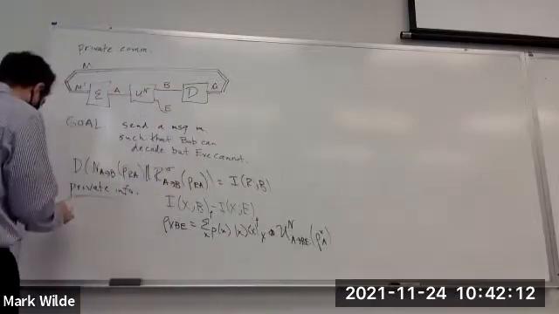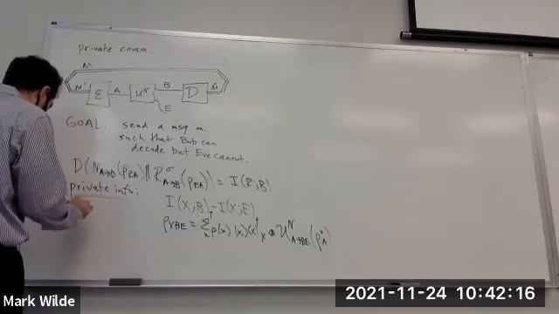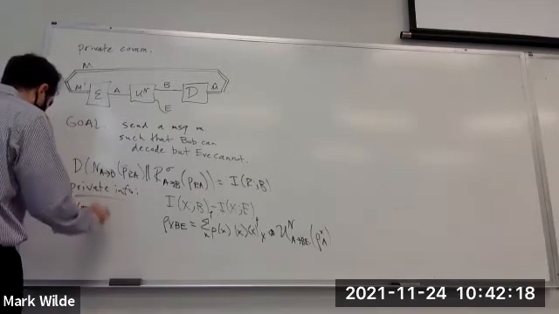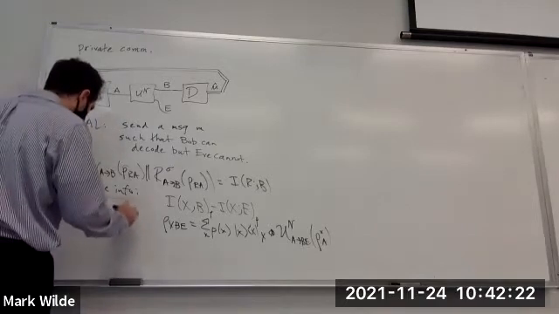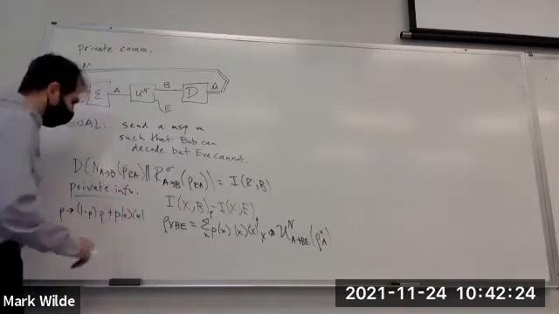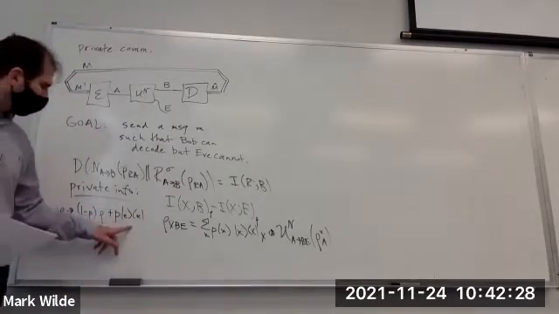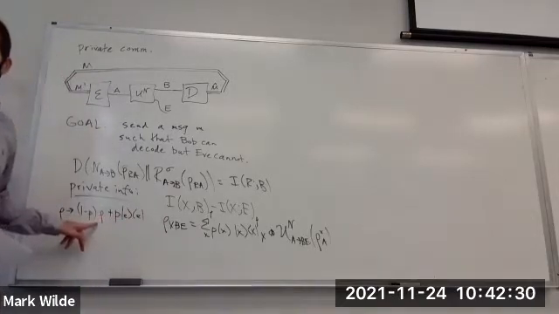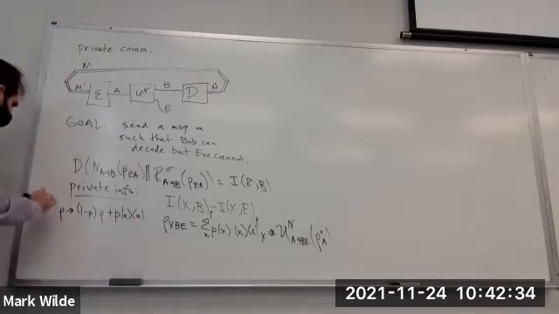So the erasure channel: the qubit gets through with some probability, and with the complementary probability, it gets erased. It gets replaced by a state E that's orthogonal to every input state. Okay? So that's the original channel.